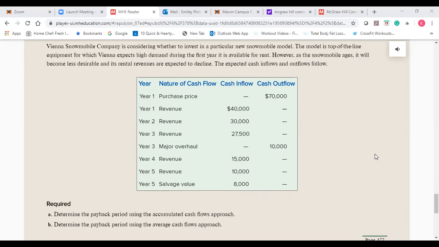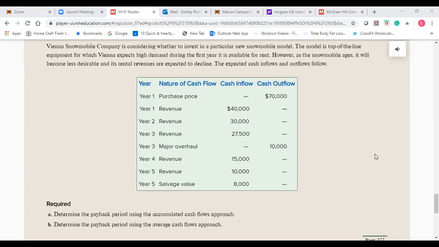Okay. So my initial cash investment was 70,000. My cash outflow. Year one, I had revenue of 40,000. So I still have 30,000 that I need to recover from my initial cash outflow.